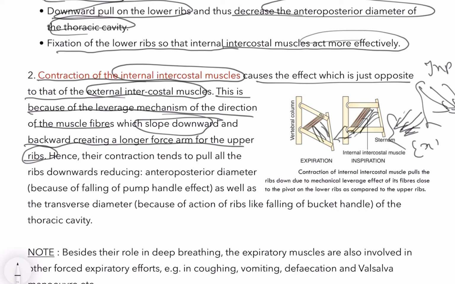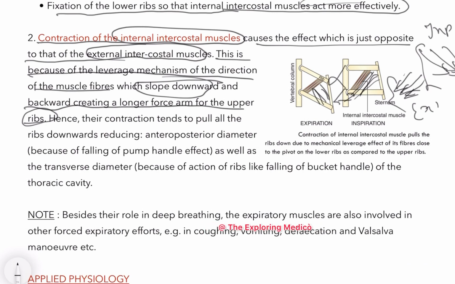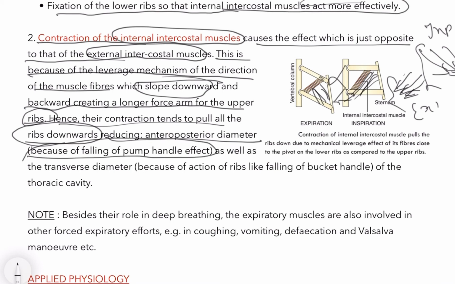So these both are opposite. Hence their contraction tends to pull all the ribs downwards, reducing the anterior posterior diameter, that is falling of pump handle movement as we have discussed, as well as the transverse diameter, that is because of ribs falling in the bucket handle movement of the thoracic cavity. So as the contraction of internal intercostal muscles happens, there will be the falling of pump handle effect as well as the bucket handle movement.